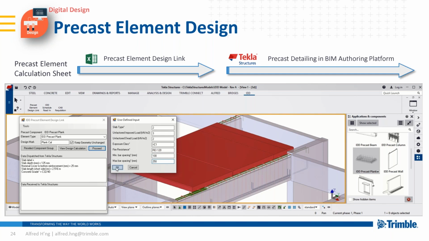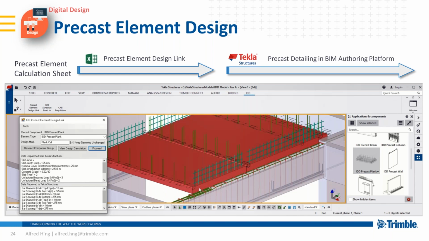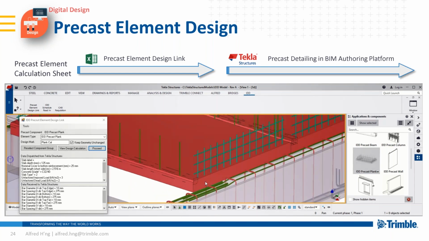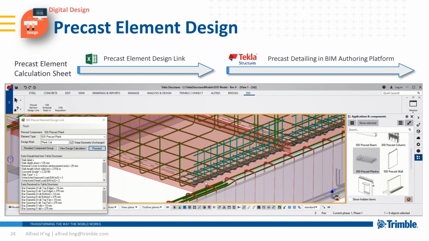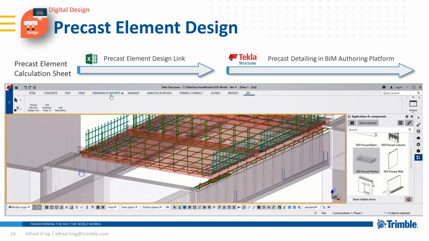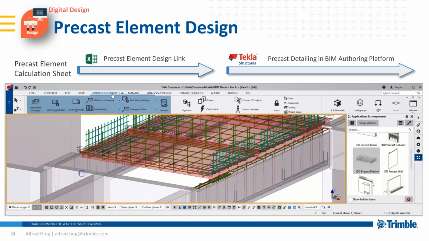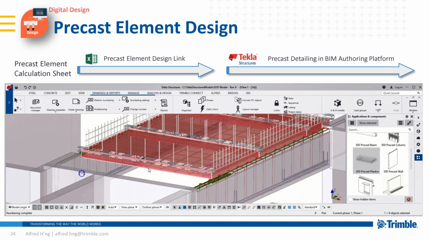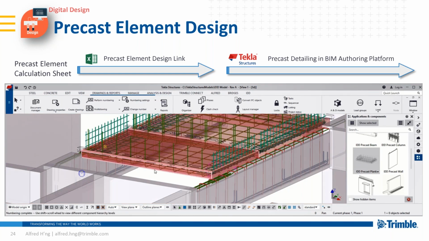So once the design is completed, the design outputs are transferred back to the BIM model. Now the plank is fully detailed with the correct reinforcement size and spacing, and ready for shop drawing generation.